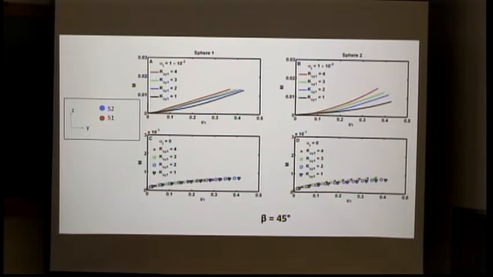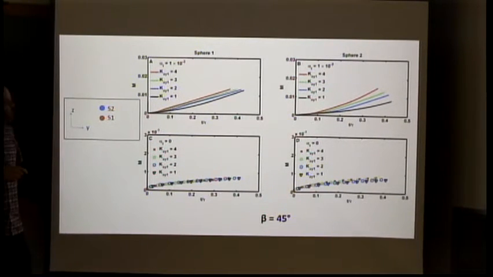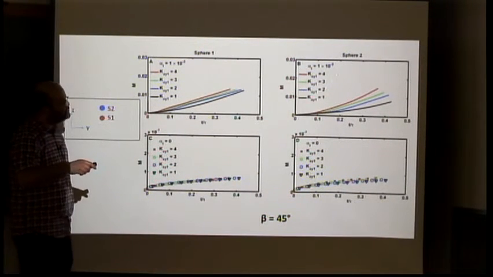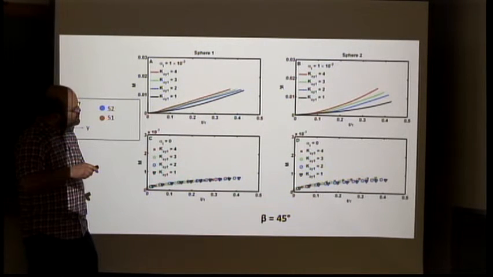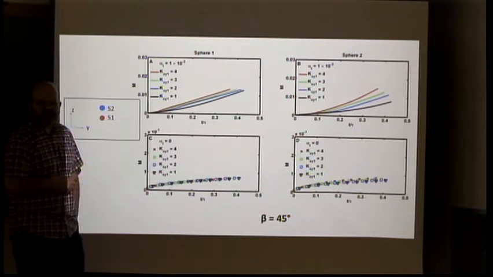Then what we did is we simulated two spheres, one starting at the center of the domain, another one a little bit out toward the boundary, and we did it for different anisotropy ratios. Sphere 1 is the orange one, sphere 2 is the blue one. If you look at sphere 2, you see that this reaction ratio is higher for the higher anisotropy ratio.